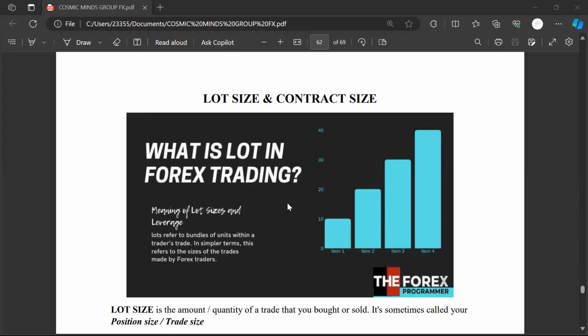In forex, contract size can be termed a lot size. But in stocks, futures and options, they can draw some distinction between the two. That is what I have to inform you before we start, so that you don't get confused.